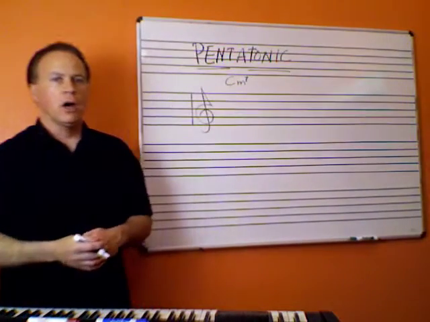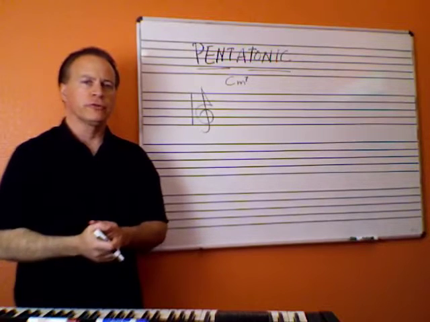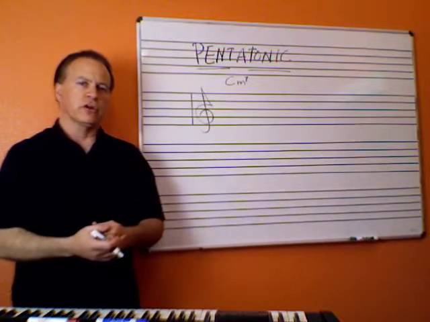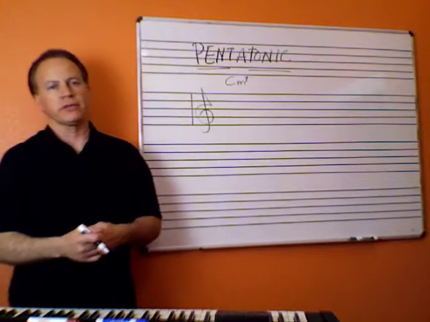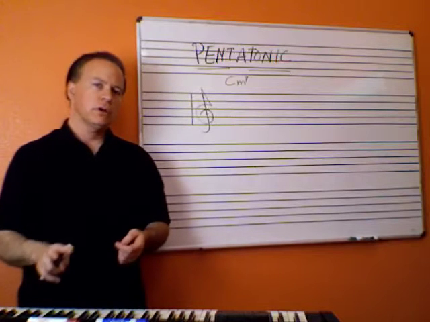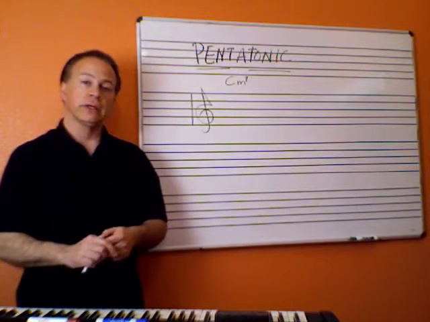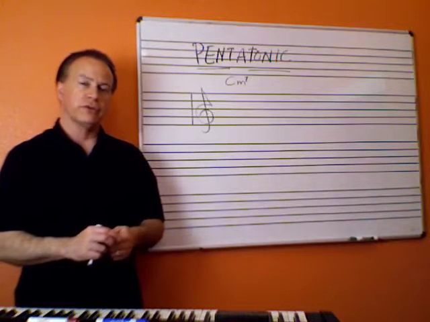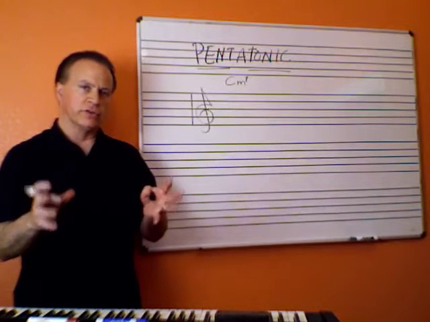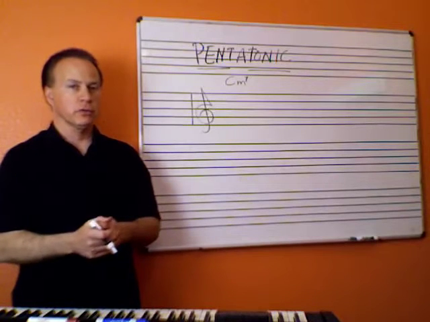C minor 7. Okay, now what's the most appropriate mode for a C minor 7? Well, so far we've talked about 3 different scales we could use on minor 7th. Those are the 2nd mode of major, which is called Dorian, 6th mode of major, which is called Aeolian, and the 3rd mode of major, which is called Phrygian. Now, which of those 3 scales is the most appropriate for a minor 7th chord?